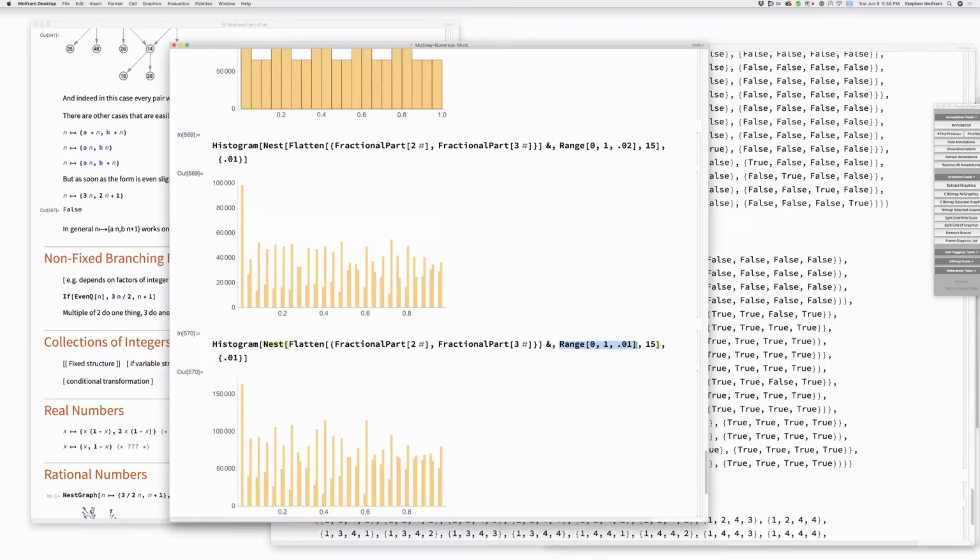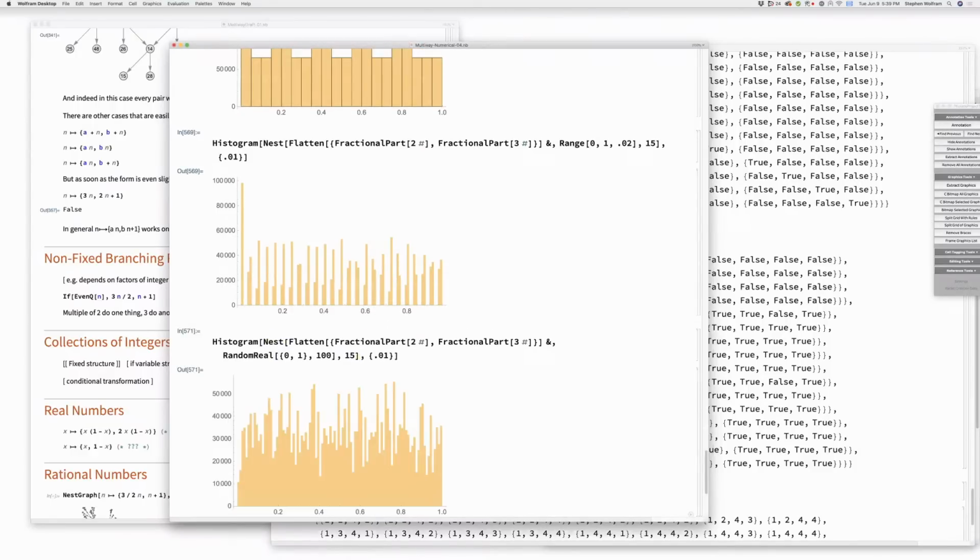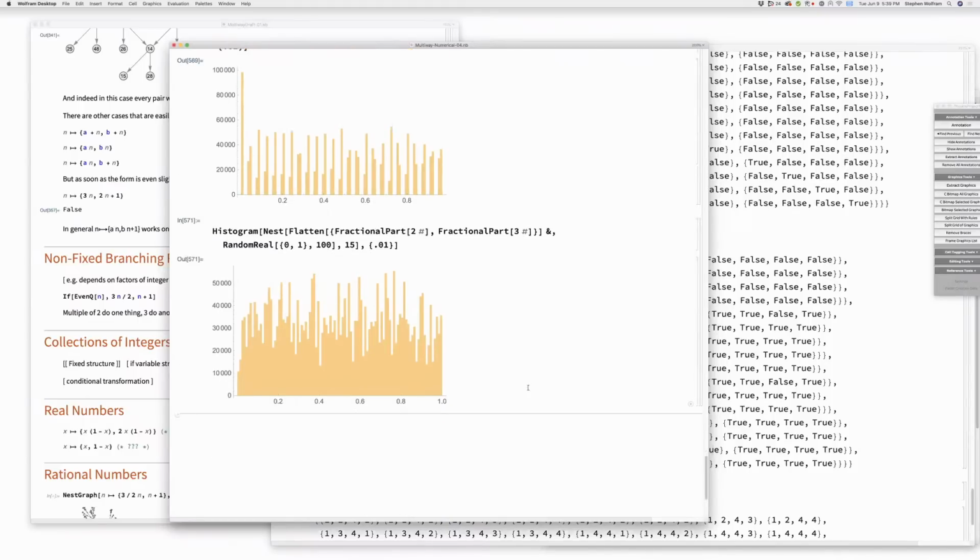What we want to do there is say random real, 0 to 1, comma 100, for example. There's still structure there. Maybe that structure is not real. Maybe it's just because we're not averaging over large enough bins.